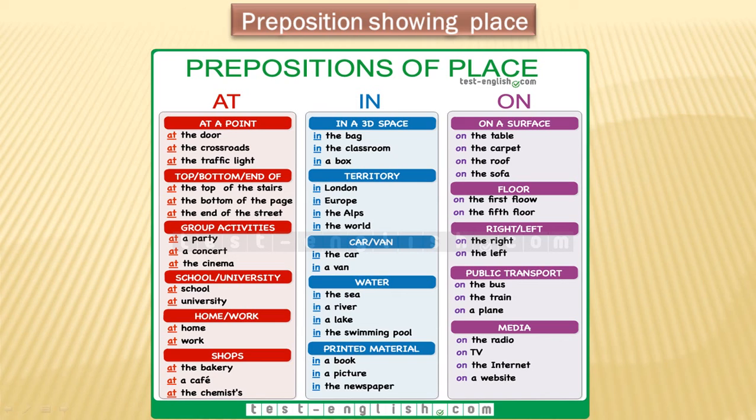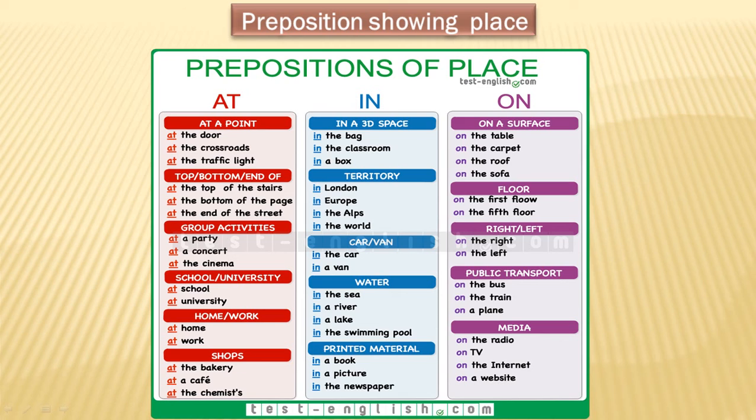In is used in a 3D space, to mean territory, inside a car or van, in water, in printed material. In has been used in the bag, in the classroom, in a box. In has been used to mean territory: in London, in Europe, in the Alps, in the world.